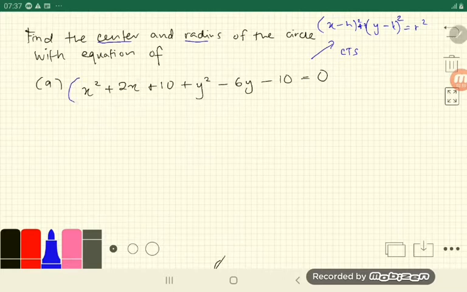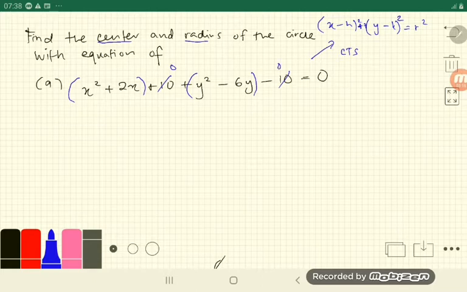So basically we group this part, and the y variables in another group, and the terms without a variable, plus 10 minus 10, we are supposed to get 0.